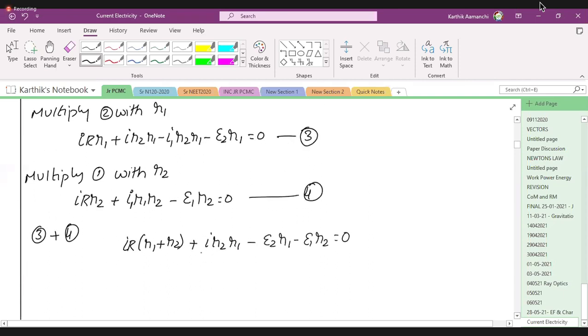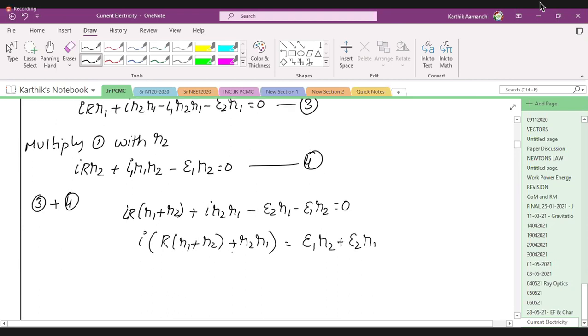So I find I into (R (R1 plus R2) plus R2 R1) is equal to epsilon 1 R2 plus epsilon 2 R1. Is it? Yes, sir. So I is equal to epsilon 1 R2 plus epsilon 2 R1 divided by R (R1 plus R2) plus R2 R1, isn't it?